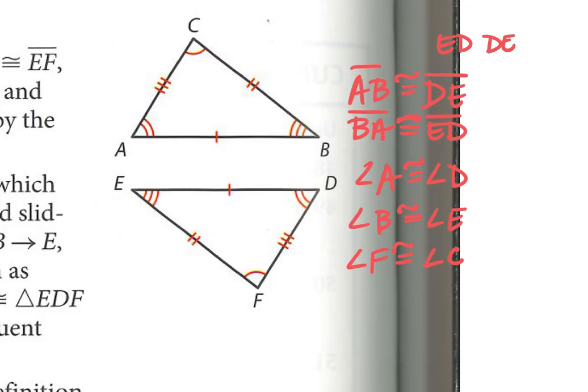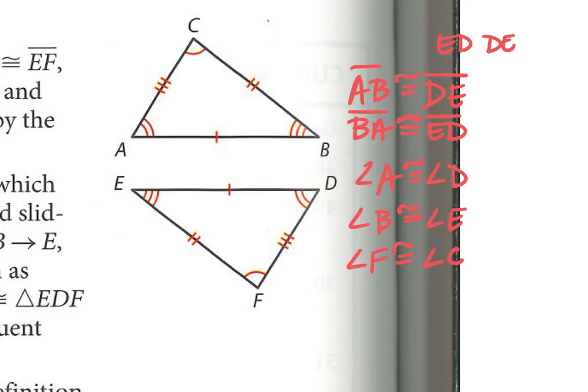So when you're looking at naming and stating congruency between triangles, and really any shape, but the focus of this chapter is on triangles, so that's the main thing you're going to see, you have to make sure that you state them in the right order. Obviously, for the angles, it's one letter, but that angle letter helps you in identifying the sides.